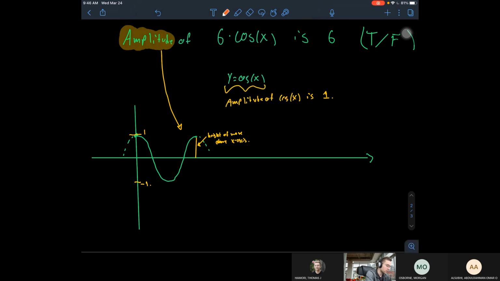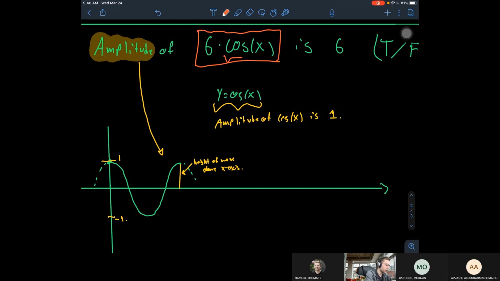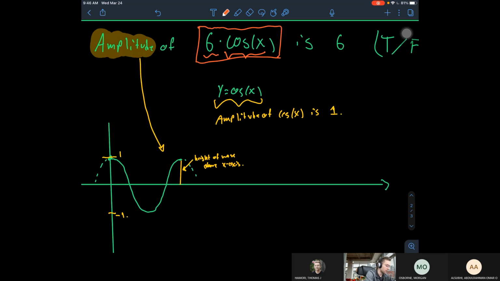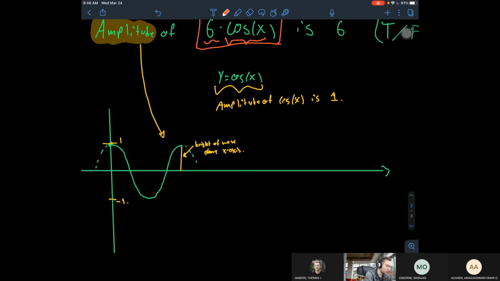Okay? So now let's try to draw the other one. What does 6 cosine x look like? How is it different than cosine x? Isn't that shifted up? Well, if we take the height at a given point of cosine of x and multiply it by 6, then the height of any given point will be 6 times as high as before, or if it's low, 6 times as low.